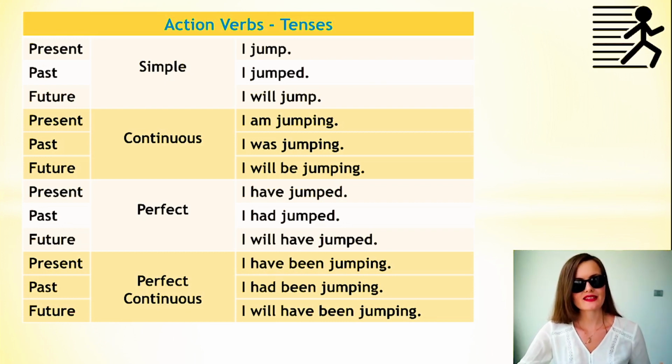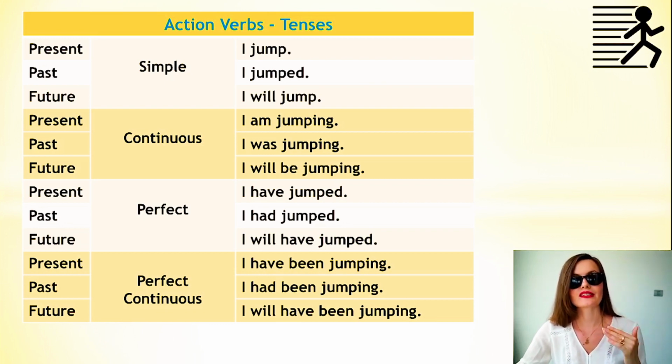Past continuous, I was jumping. Future continuous, I will be jumping. In perfect tenses, present perfect, I have jumped. Past perfect, I had jumped. Future perfect, I will have jumped.